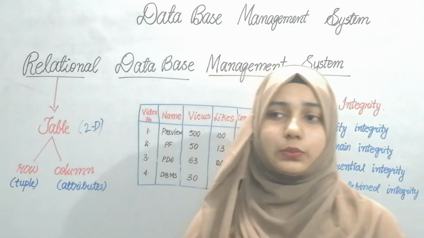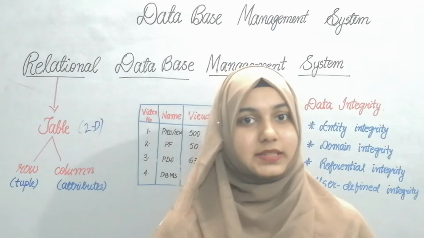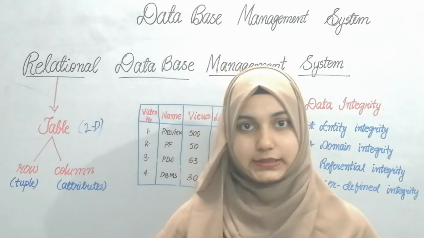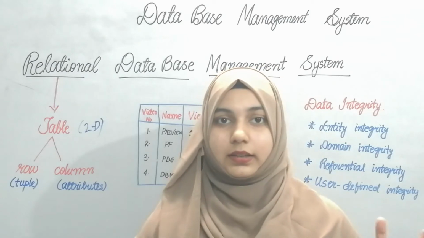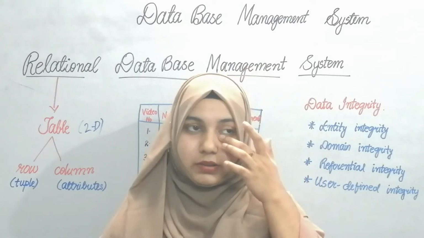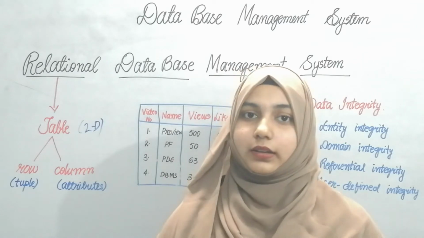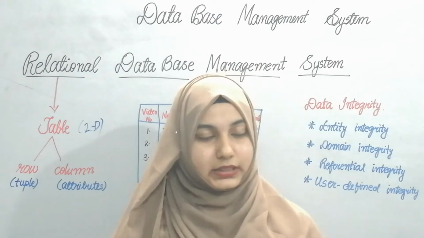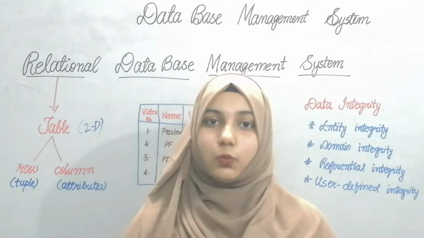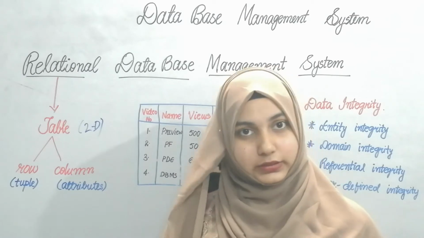Relational database, why is it so widely used? Because of its simplicity and understandability. It is very simple to use and understand as well. And also, as I told in the previous video, in the relational database management system, the data that we store in the form of tables helps you maintain the consistency of the data.